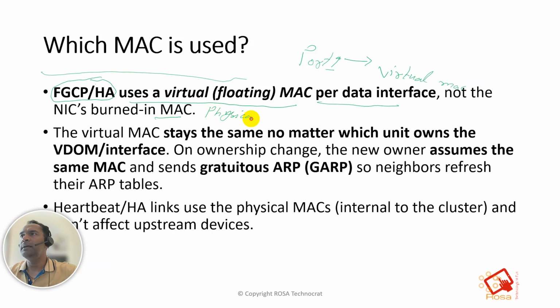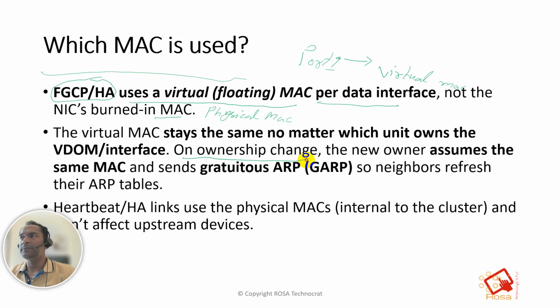The physical MAC is not used when the device is in an HA cluster. The virtual MAC stays the same no matter which unit owns the VDOM or interface, no matter which firewall is active or passive. The physical MAC address will be different for both devices, but the virtual MAC stays the same, and the active firewall will be the owner of that virtual MAC.